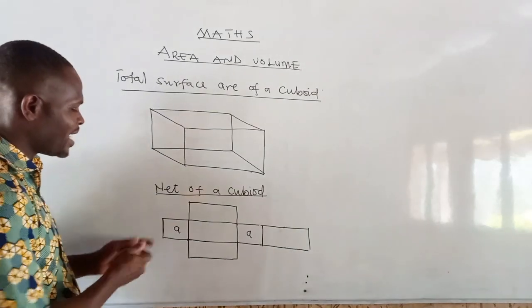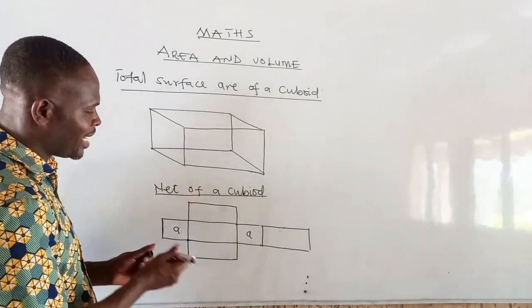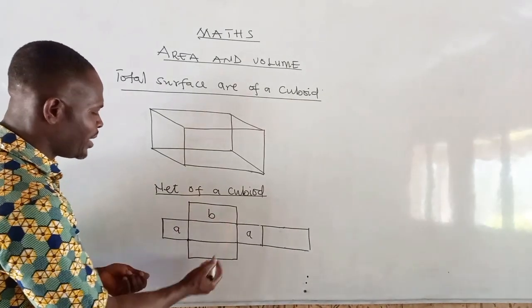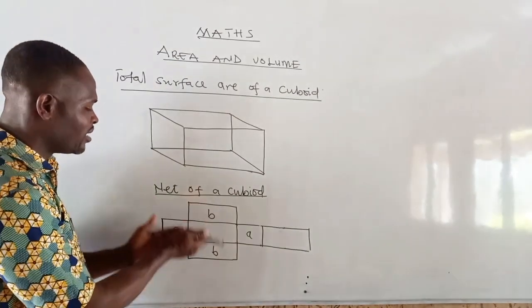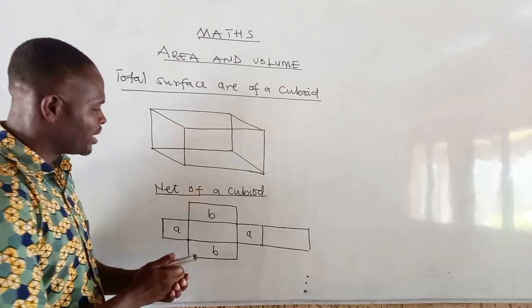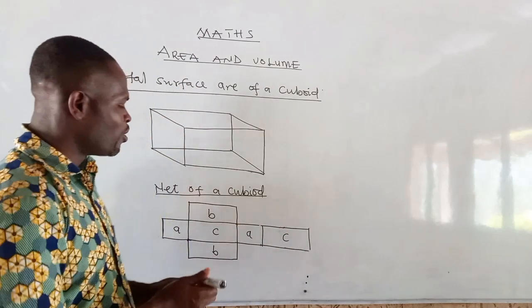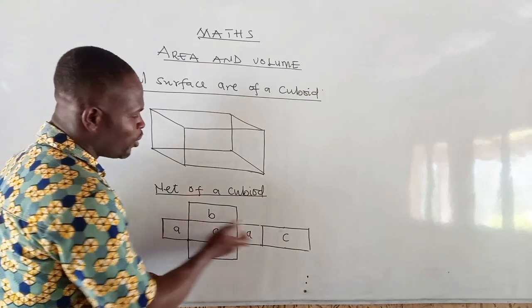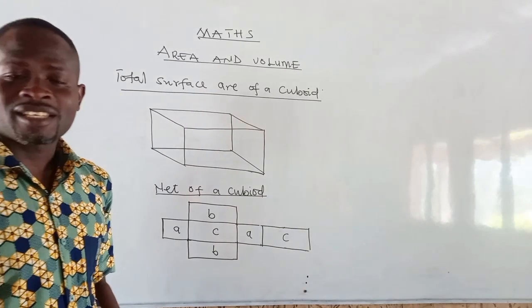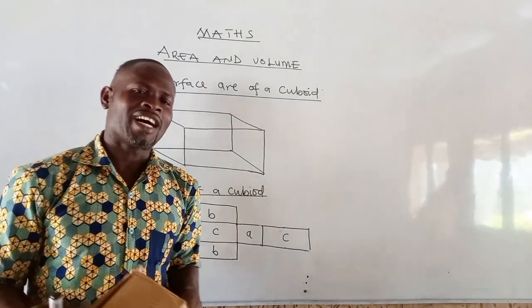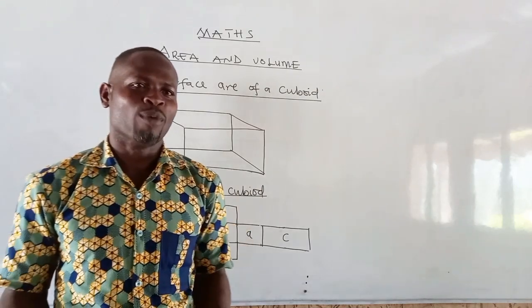That means when you find the area of this side, it will be the same as the area of this one. The same way, if this is B, this will also be B, because the area of this one will be the same as the area of this. And let's name this one C and C, which means that the area here will be the same as the area there.